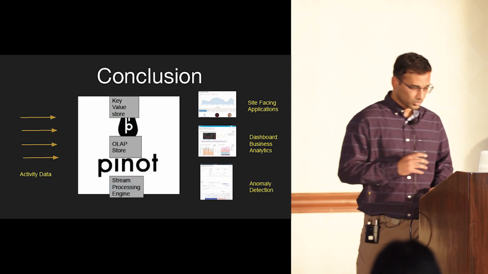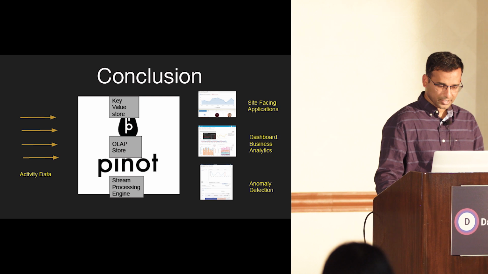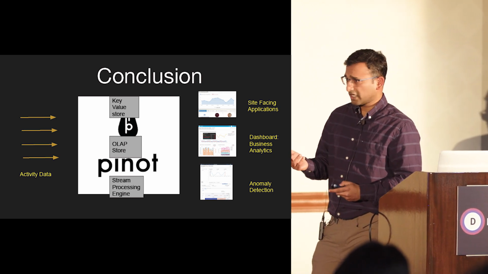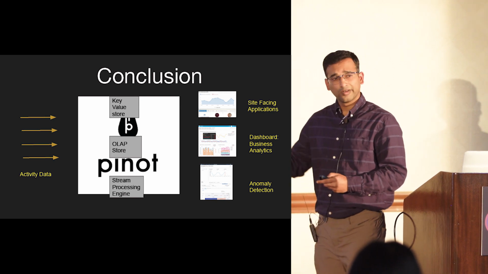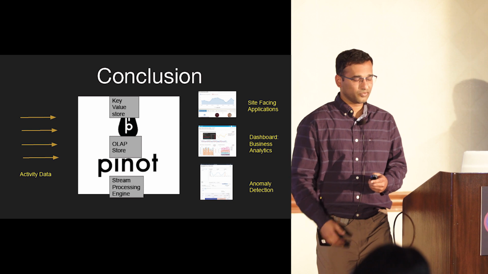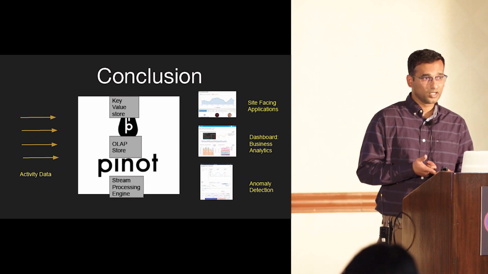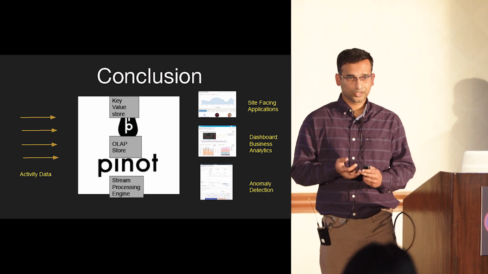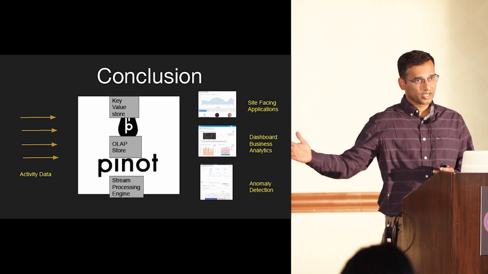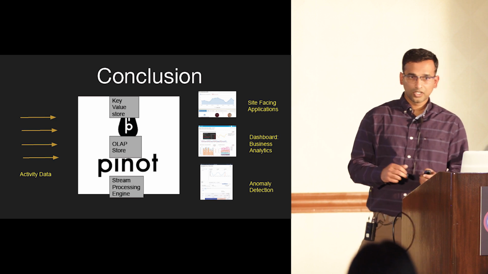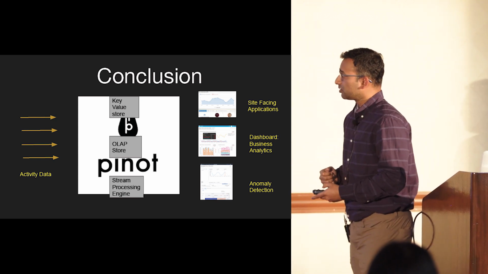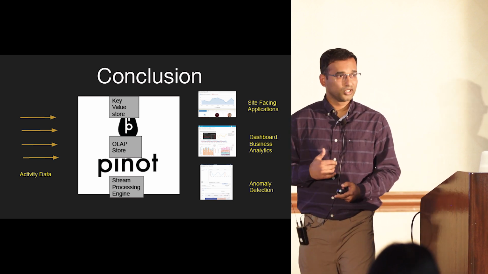On the conclusion side, the key takeaway that I would like you to think about is that most of you have this activity data, and lots of varying kinds of applications that you want to build on top of it. You might have a site-facing application, or internal, or anomaly detection. These applications can start very small, but can become very popular later. Most people end up having different solutions for each of these use cases.